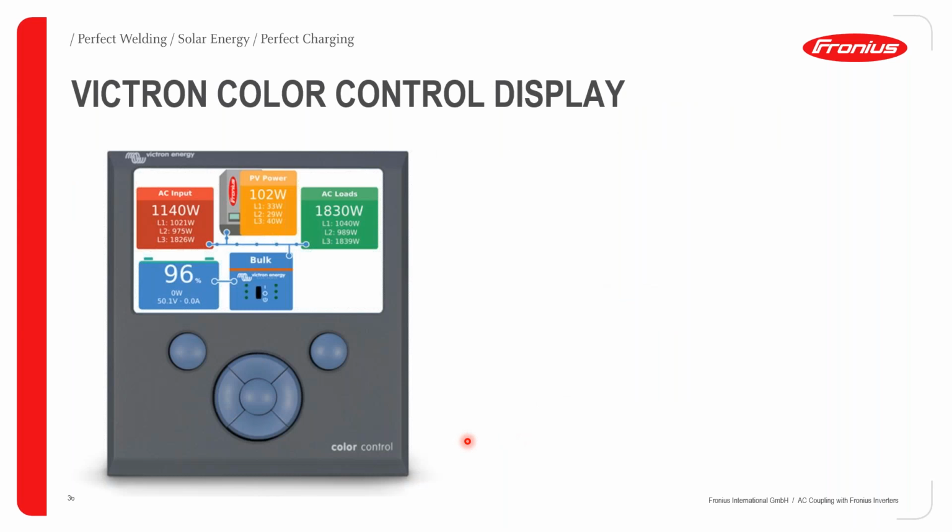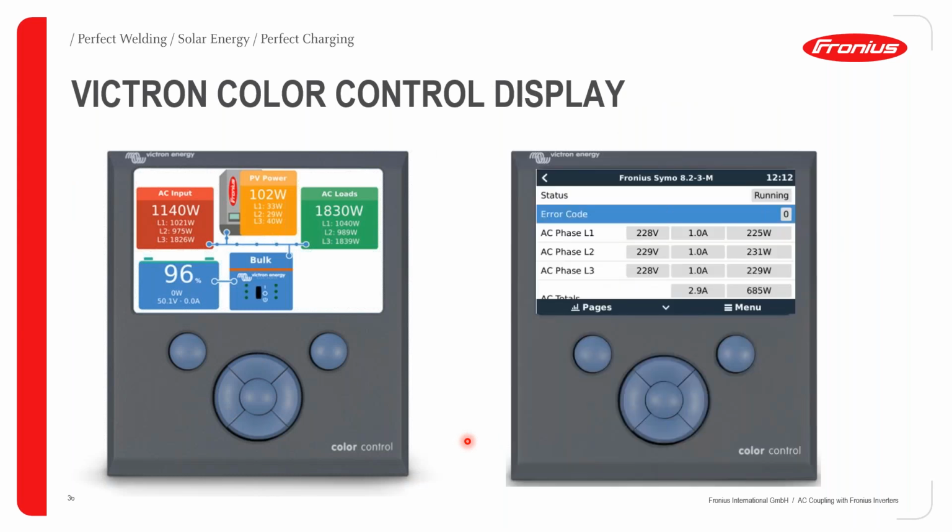Good. Just to give you a closer view of how the system is viewed on the VICTRON color control display, you can see how the entire system is brought into perspective, coming from the AC input, the battery SOC, state of charge, the inverter functional mode, the Fronius solar power coming in from the Fronius inverter, and then the power consumption from the load side.